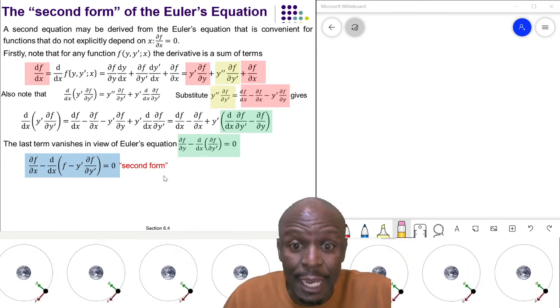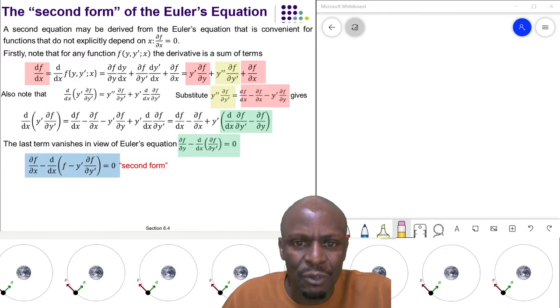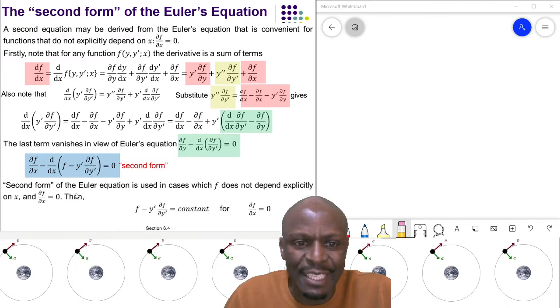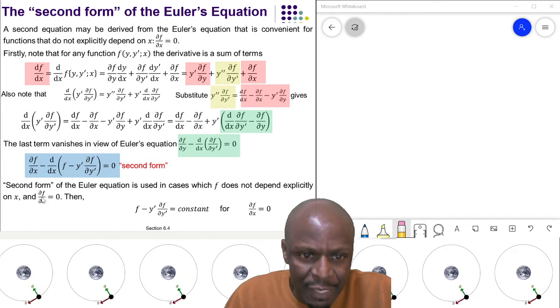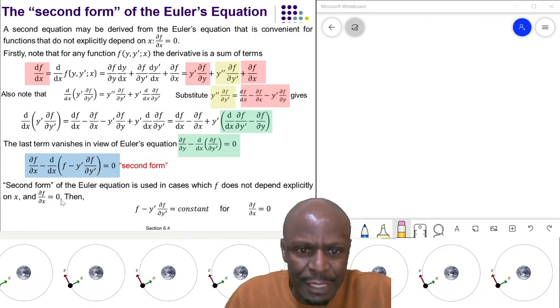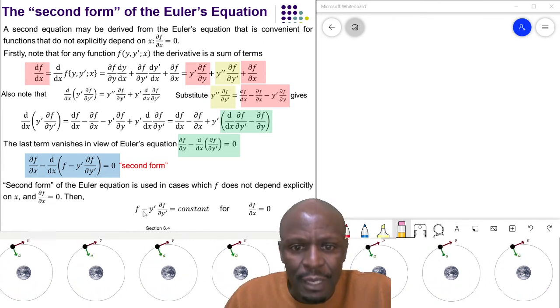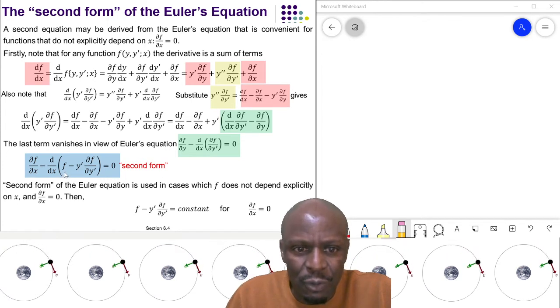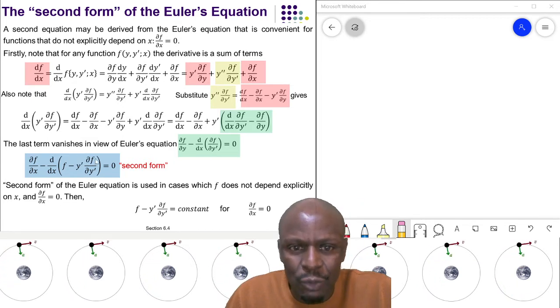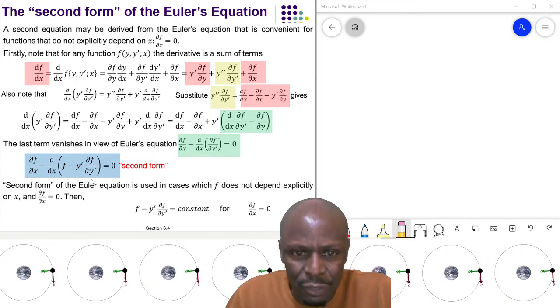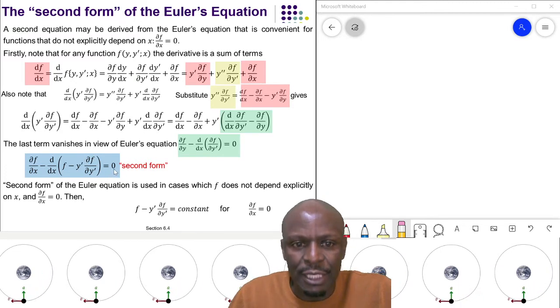This is what is termed the second form of the Euler equation, and we only use that when the derivative of f with respect to x is equal to 0. Therefore, the term that is left inside here must also be equal to a constant, in order for us to get 0 here.